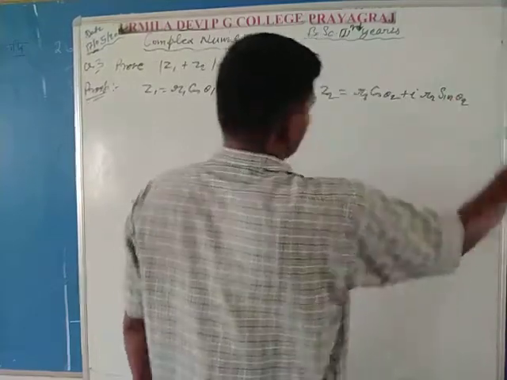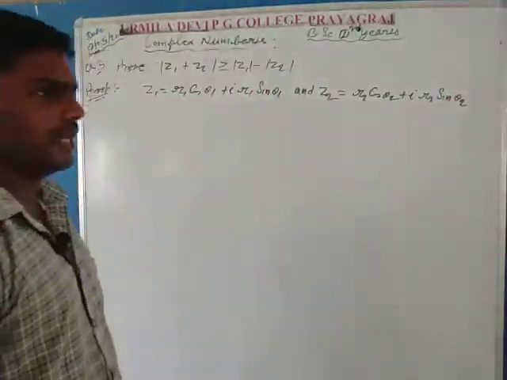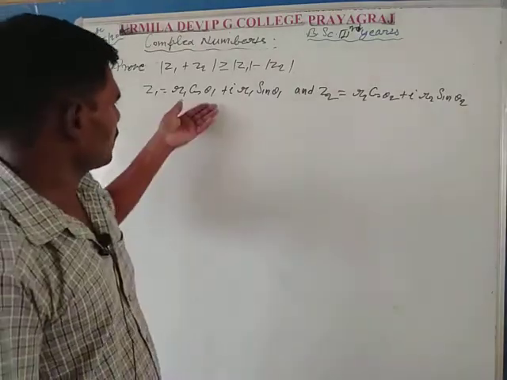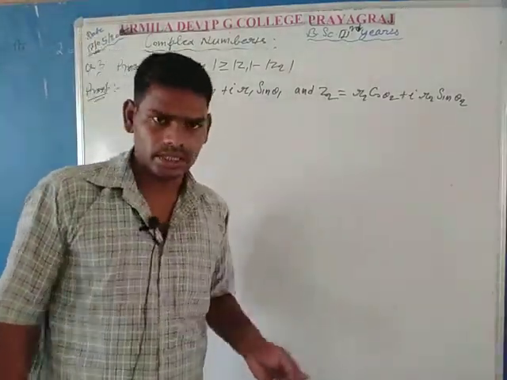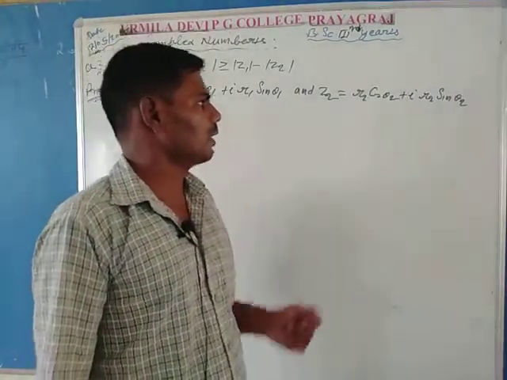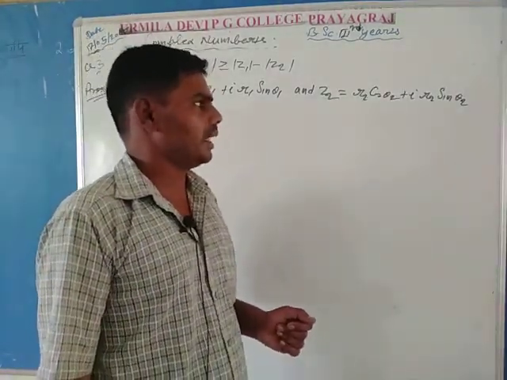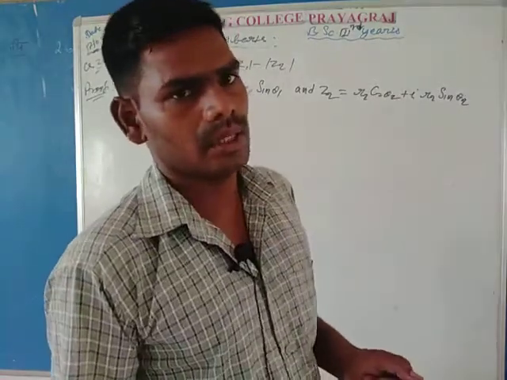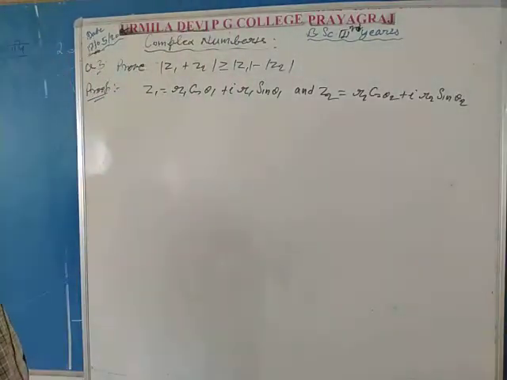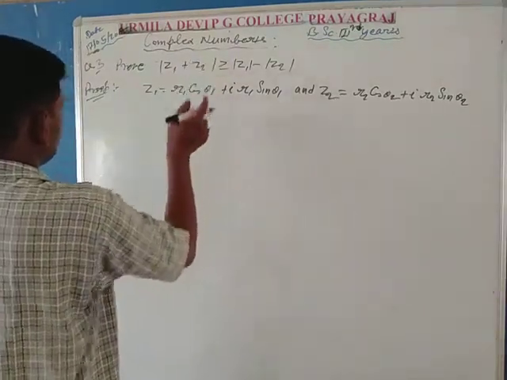Here first suppose two complex numbers: z1 is r1 cos θ1 + i·r1 sin θ1, and the second is z2 = r2 cos θ2 + i·r2 sin θ2. Now, according to the inequality, find the value of z1 + z2.